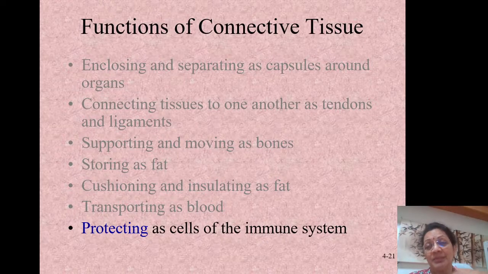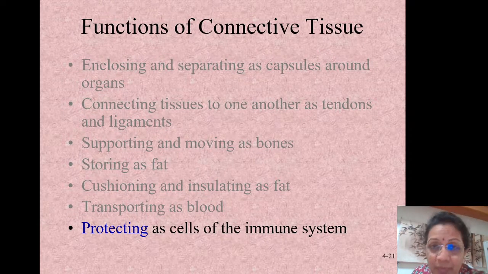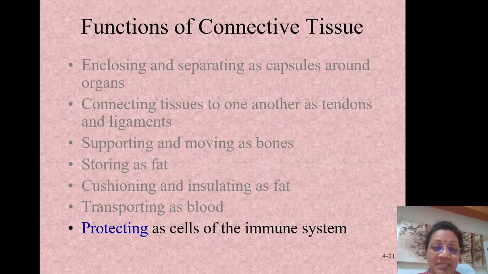Protection. We said first line of defense was your integumentary system. Your skin is protecting you and separating you, self from non-self, defining you against everything else, right? Everyone else and everything else. The second line of defense, we said, is your immunity, which is largely provided by the white blood cell system, all of which are derived from the connective tissue base.